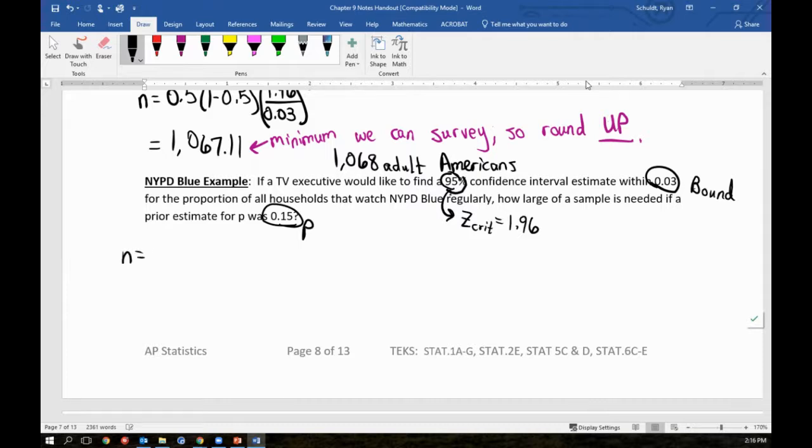Plug it in. N equals 0.15 times 1 minus 0.15 times 1.96 over 0.03, squared. We can just do 2 decimals on these because if you notice in the one above, we can't have decimals in our final answer.